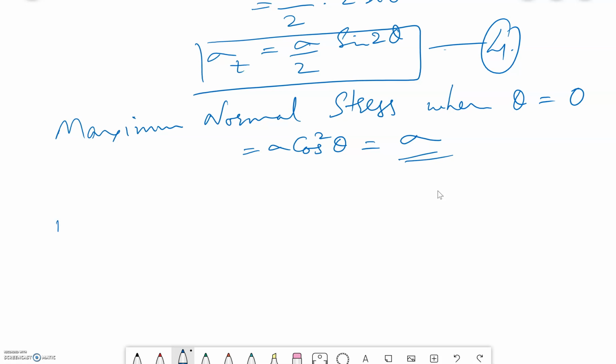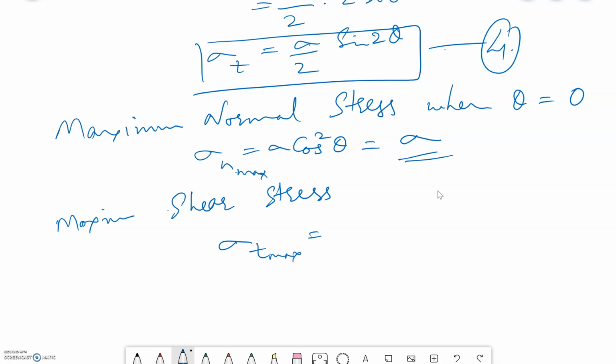So the maximum shear stress, sigma t max, is equal to sigma by 2 sine 2 theta, where sine 2 theta is 1, sine 90, or it becomes sigma by 2.